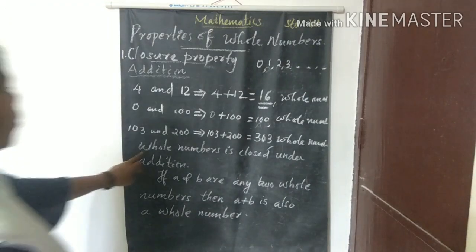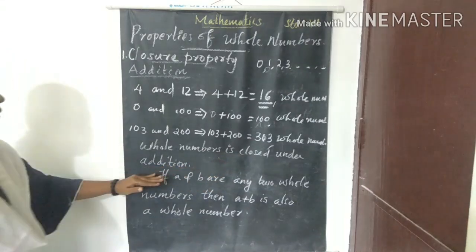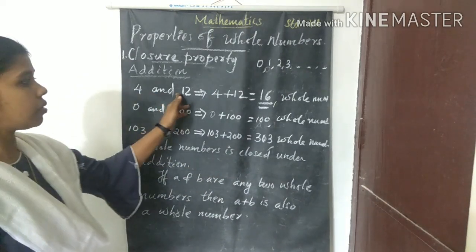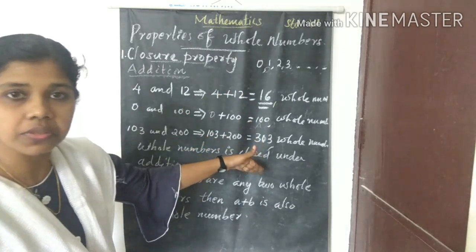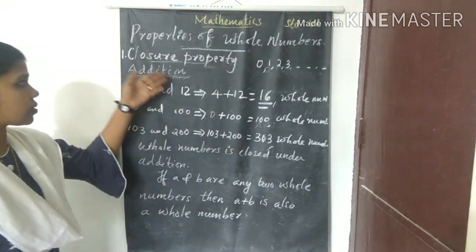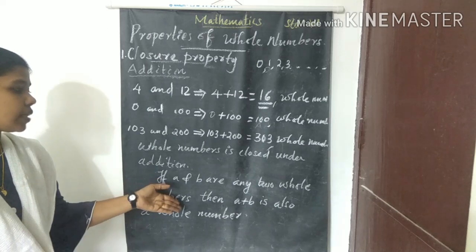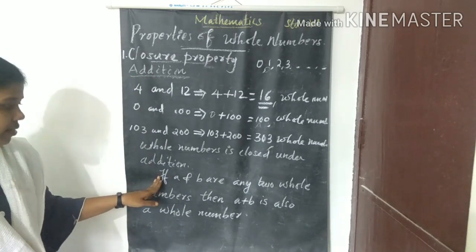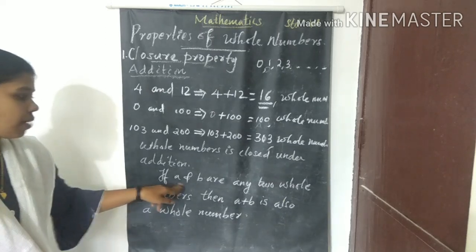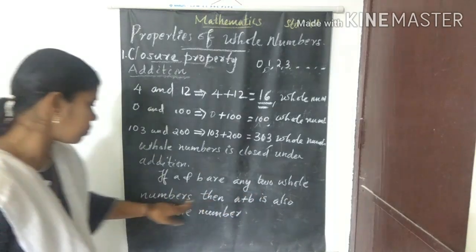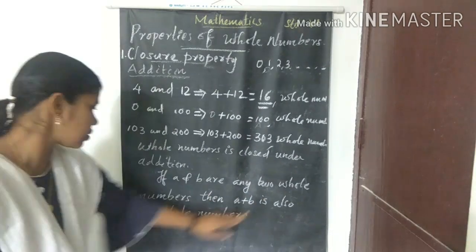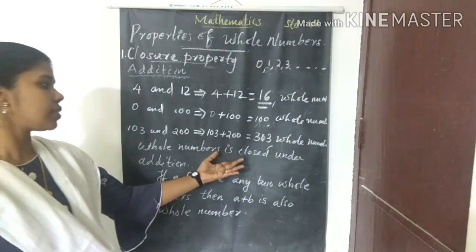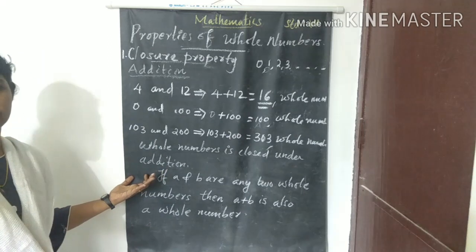That means whole numbers are closed under addition, so the closure property is satisfied.